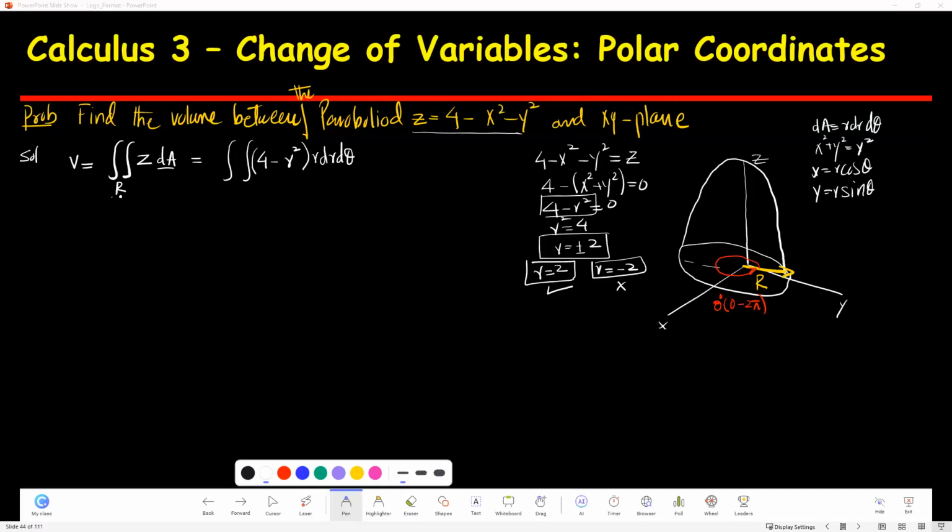Then I need to convert this region into r, lowercase r, and theta form. So this one is going to be 0 to 2. We talked about how we come up with this 0 to 2, r equals to 2. So here at this point r equals to 2. And theta value is 0 to 2 pi.